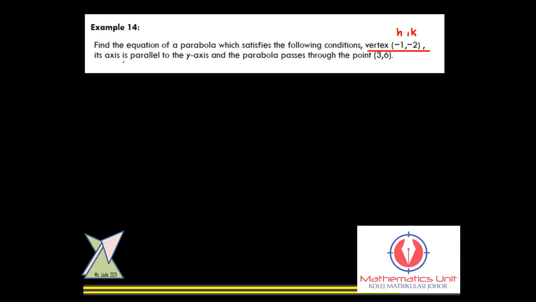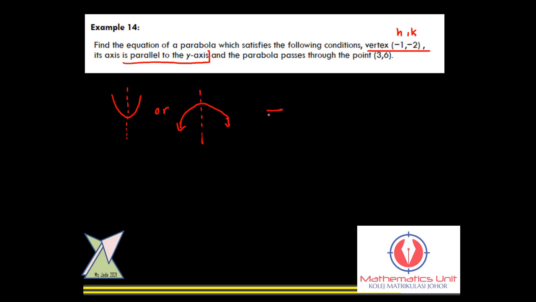The axis is parallel to y-axis. Do you still remember parallel to y-axis? So you can try to draw a y-axis. If you want to make the y-axis an axis of symmetry, so it's either open upward or open downward. We can only say that the parabola is parallel with the y-axis.